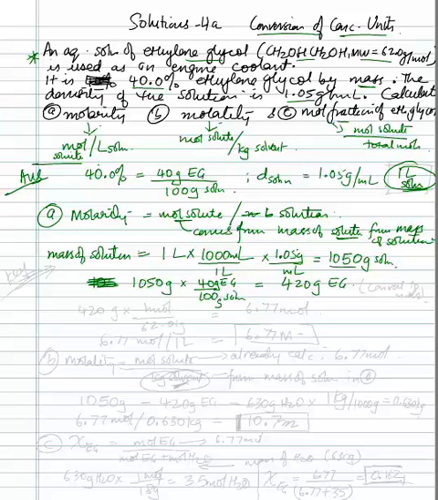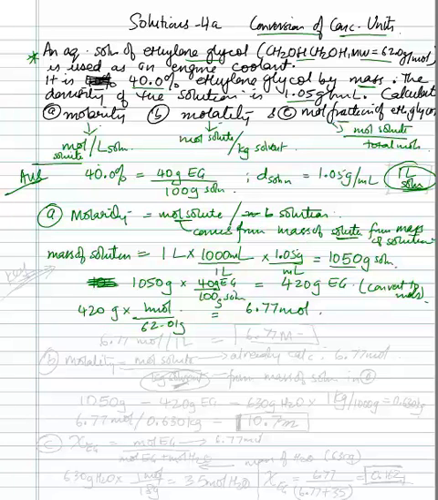Okay, and now we're going to convert to moles. So 420 grams times, and the molecular weight is given to us, so in 1 mole you have 62.01 grams, which is equal to 6.77 moles.